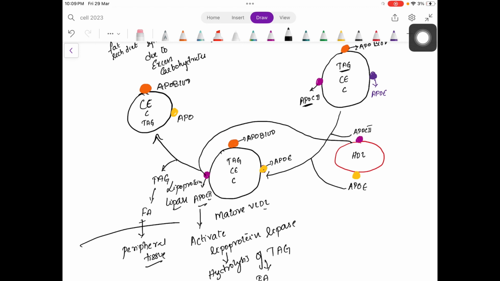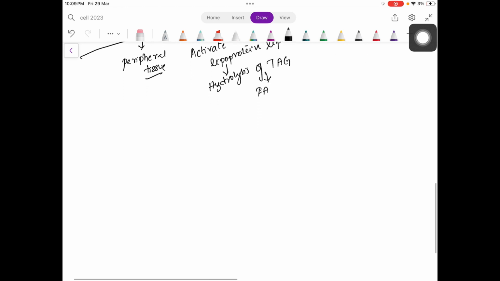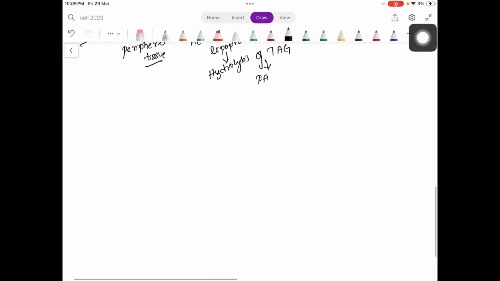So ApoE, which is taken up by the VLDL molecule from HDL, is retained, and this VLDL molecule is called remnant VLDL.